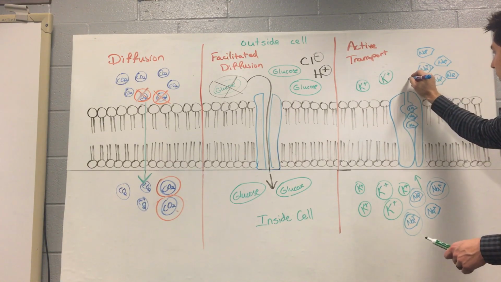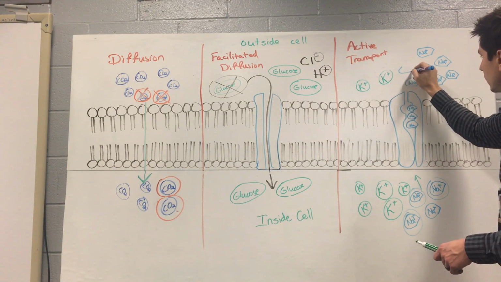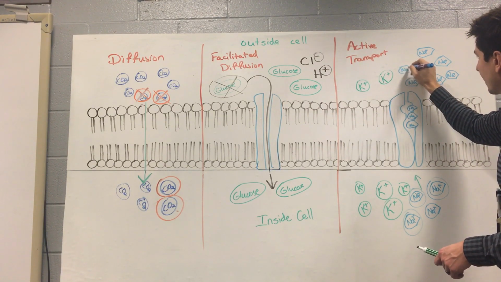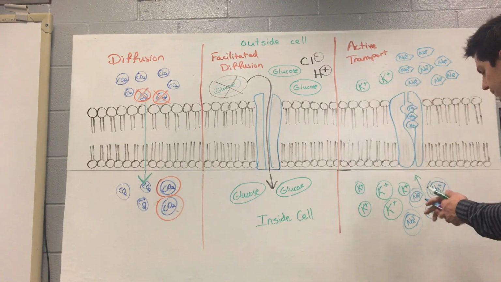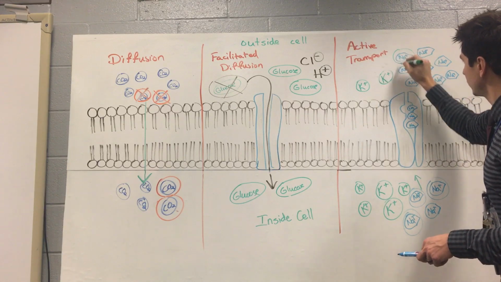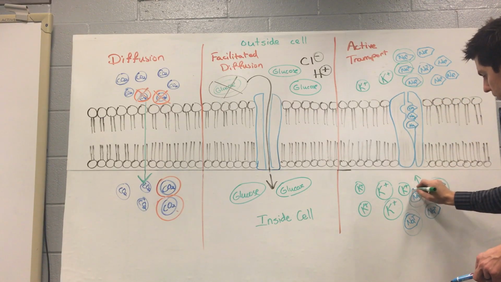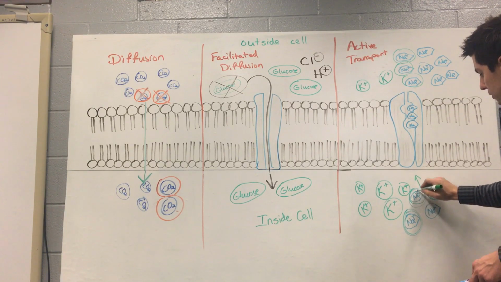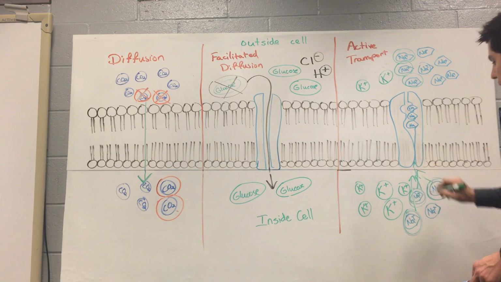So they'll go through here and they'll be spit out on the other side. Okay. So here's our 1, 2, 3. They got moved from 1, 2, 3. These ones came over and they went through our protein.